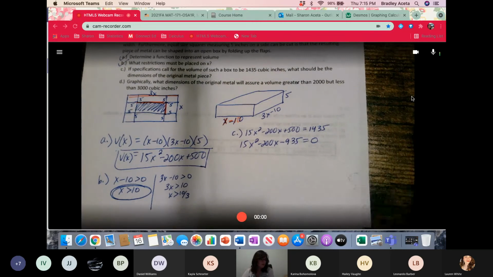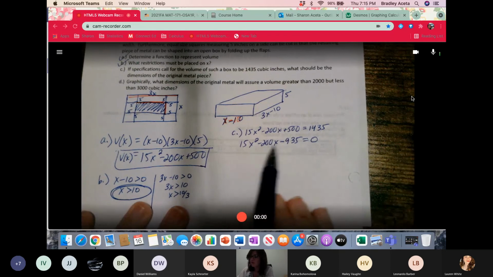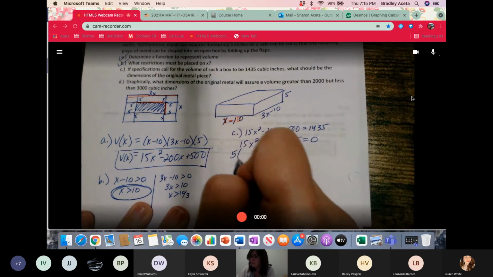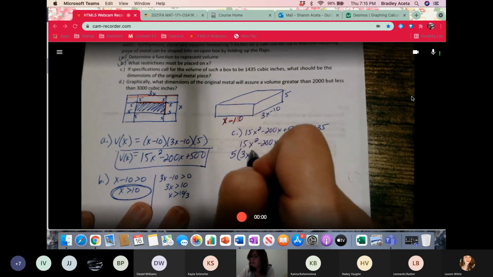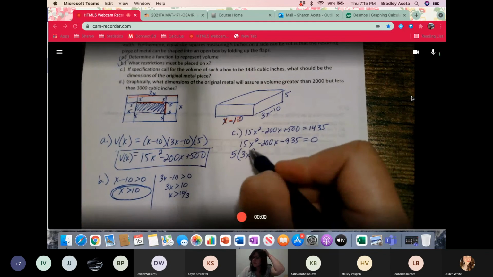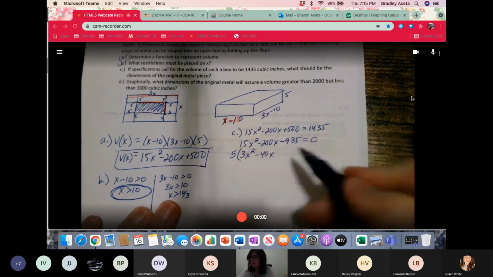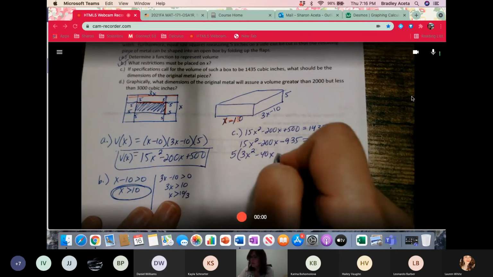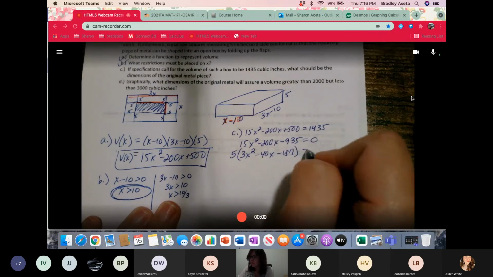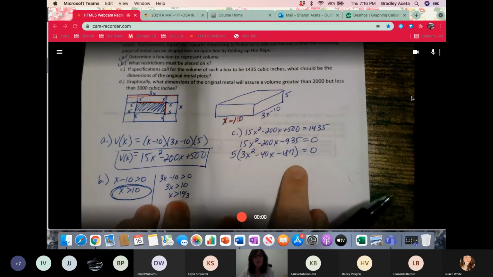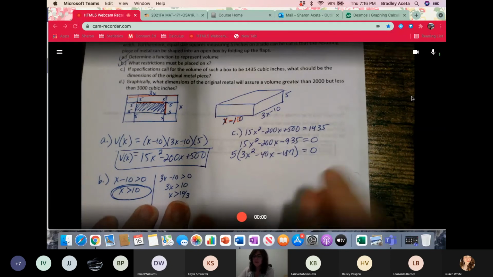And like I said, you could do quadratic formula. You can factor out a 5 from all of these right now, maybe to make the numbers smaller. So 5 from 15x squared is 3x squared, 40x, and then minus 187. So those are a little bit smaller to put into quadratic formula.